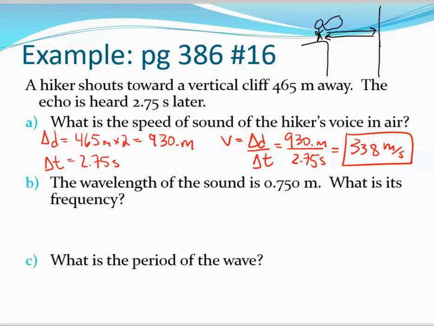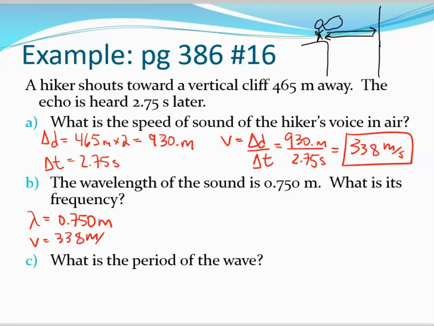Now, they give us wavelength in the next problem. And so remember that the variable for wavelength is a Greek letter, lambda. It looks kind of like a wave, at least this part does. So that's 0.750. That's actually the dependent variable. So we're kind of going backwards. We know the speed, we just solved for that.